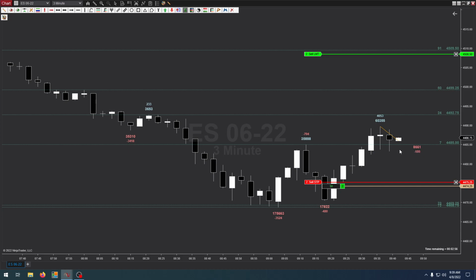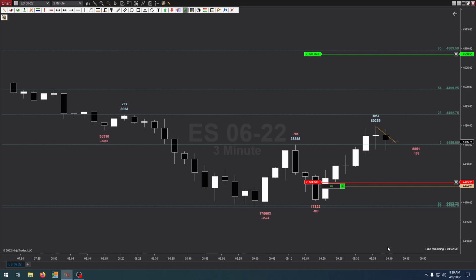So, do we get a retest of this level here? Right there. There's our retest. Then does this hold and go after this high?